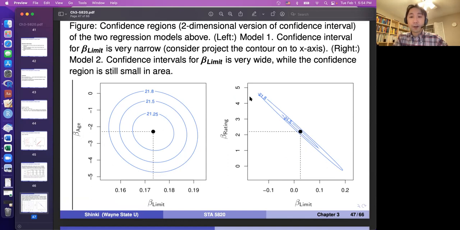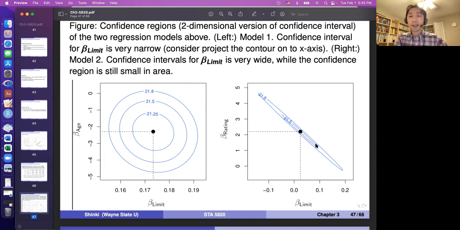So even though the profile has very large variability, beta limit may be as small as negative 0.15 and as large as 0.2, and the beta rating also has wide variability, maybe as small as negative 0.5 and as large as positive 4.5. But if beta limit is overestimated, then beta rating should be underestimated.